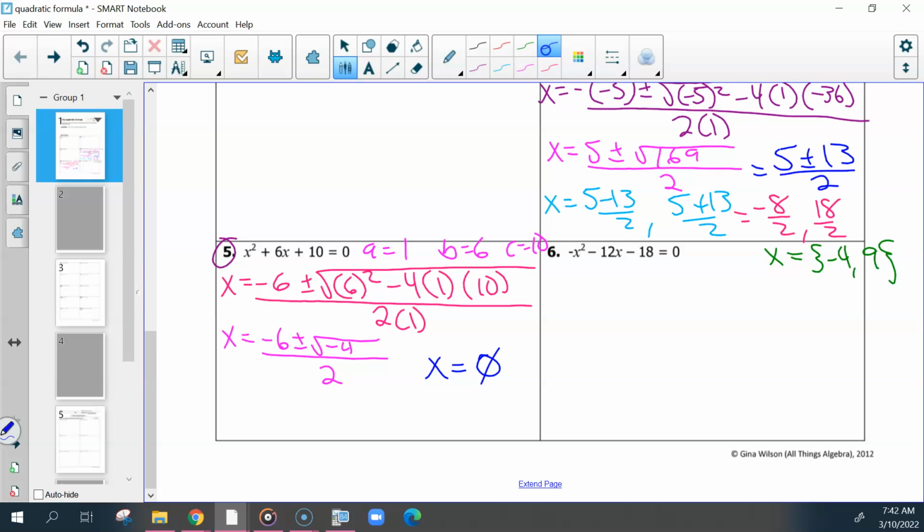So if you get a negative underneath the square root, whether that's solving by square roots or solving using the quadratic formula, you will get no solution. You could put this in, but you'll get no real solutions or non-real solutions. Questions on number 5?